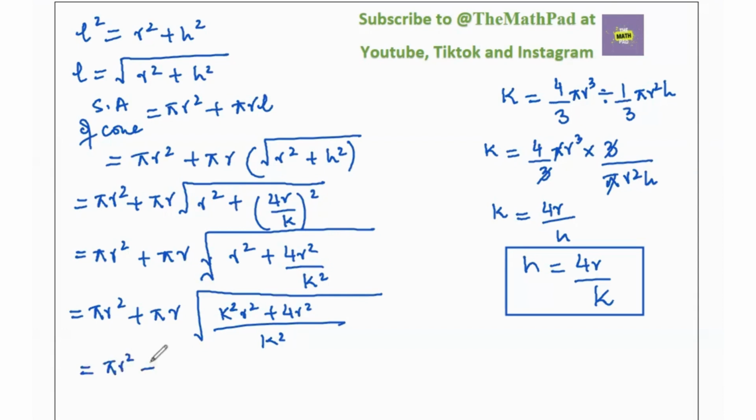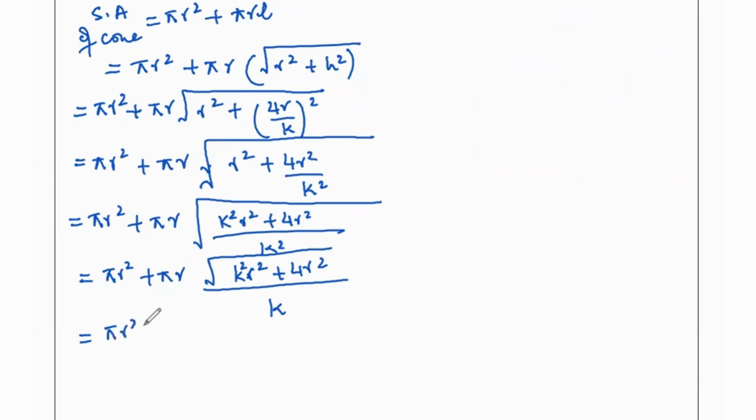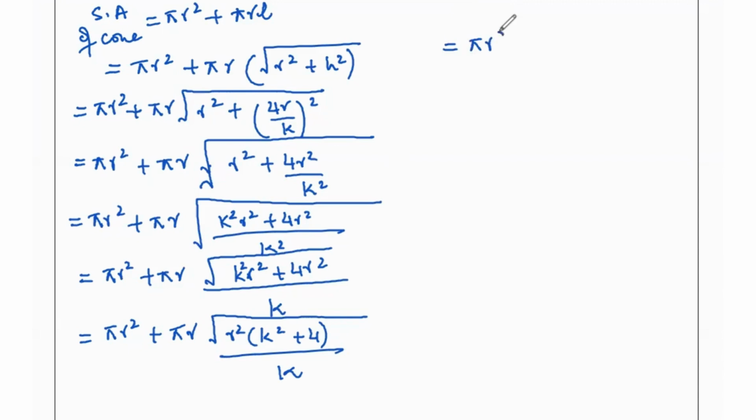So pi r squared plus pi r. If we take the square root of k squared, that gives us k in the denominator. And over here we have k squared r squared plus 4r squared. If we take r squared common, pi r squared plus pi r squared bracket k squared plus 4 over k. So that's going to be pi r squared plus pi r times r, because the square root of r squared is r.